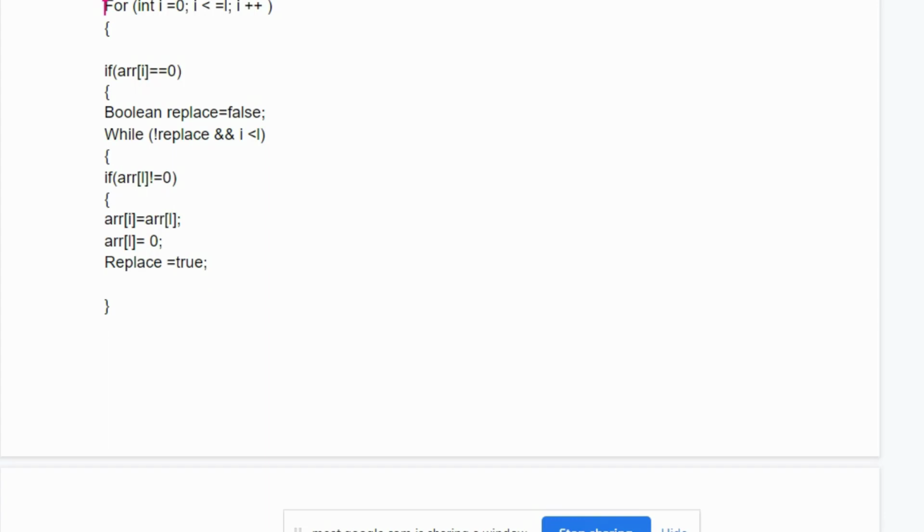If at the back it finds a non-zero number, it gets swapped with the zero value, and it keeps continuing. So this will work.